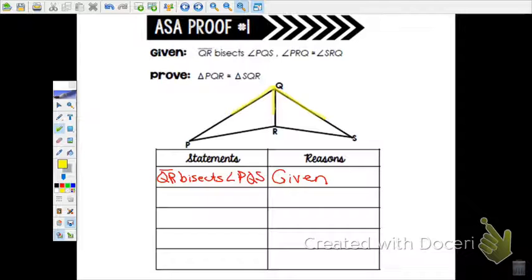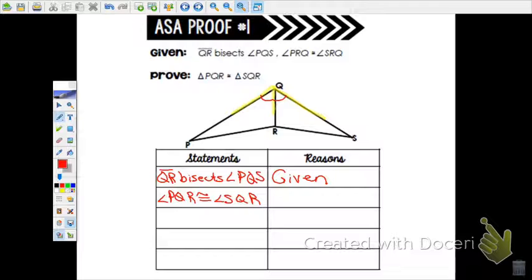So if it's being bisected, what does that mean? It's being cut in half, or into 2 equal parts. So I know those 2 angles are congruent. I need to write that down. Angle PQR is congruent to angle SQR.